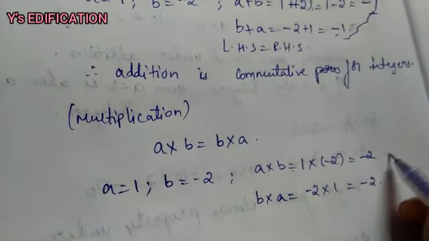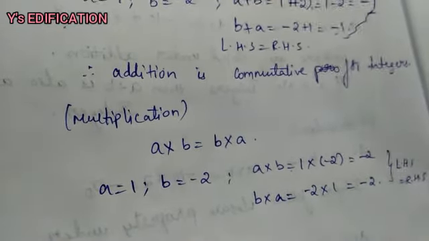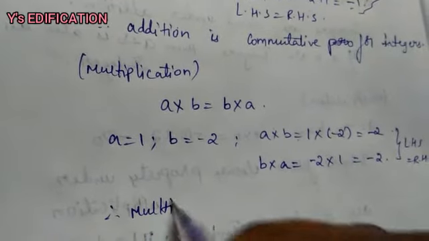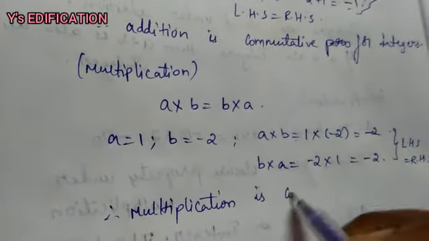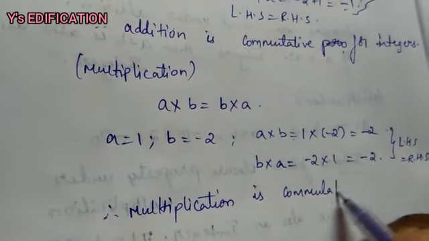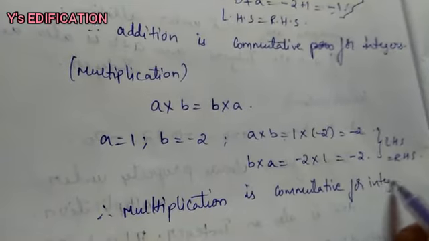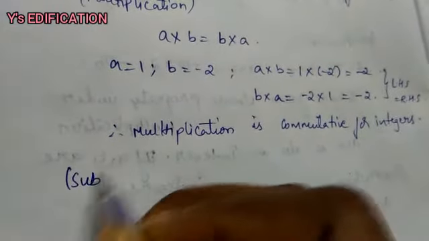Answer is minus 2. Here also LHS is equal to RHS. So we can say that multiplication is commutative for integers.